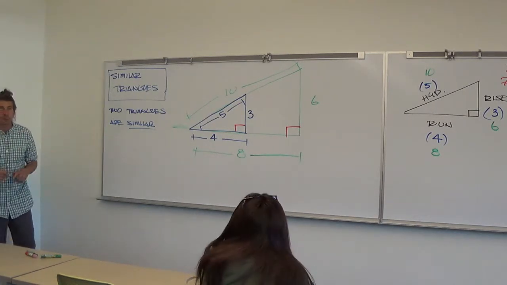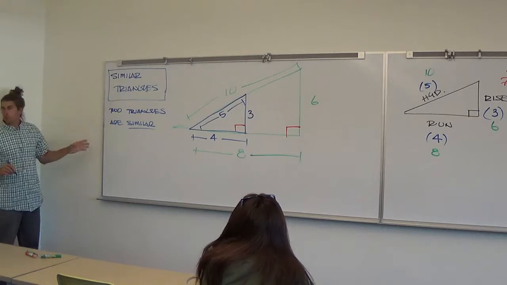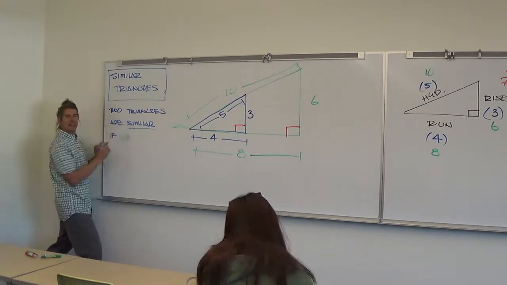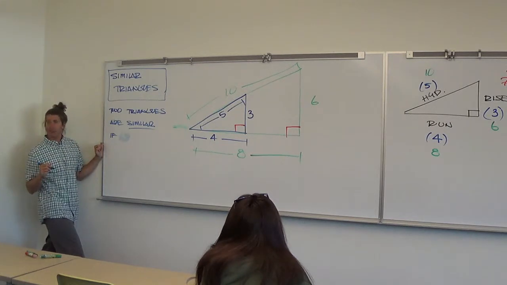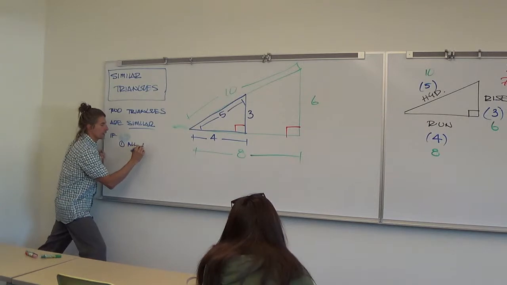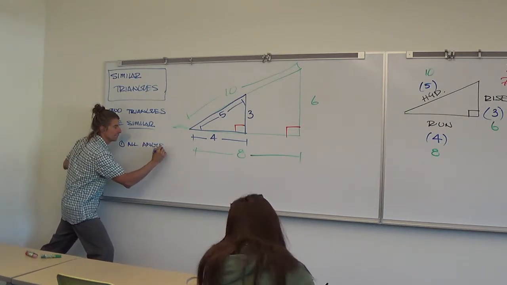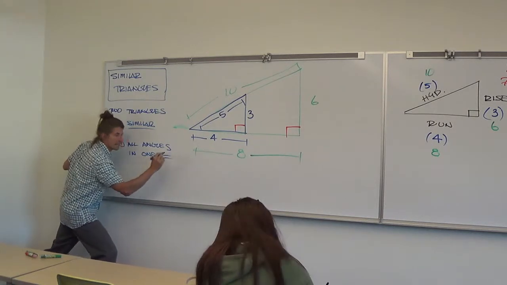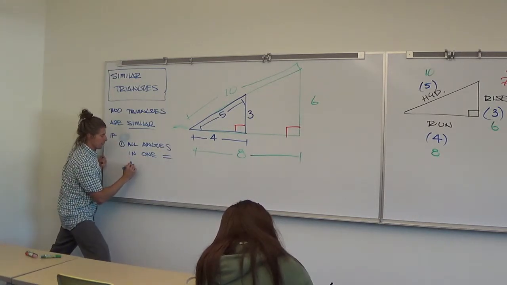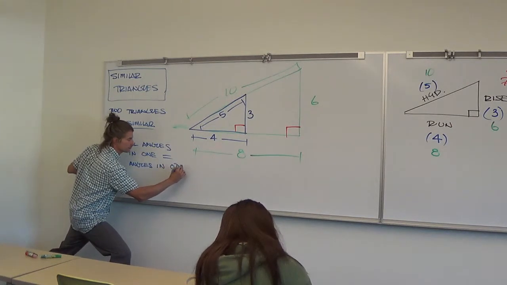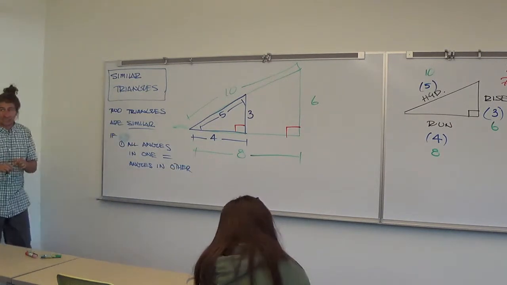All these are similar triangle ideas. Two triangles are similar if, and let's do it as 1, 2, there are two things that happen. Number one, if all of the angles in one are equal to the angles in the other. That's the first thing.